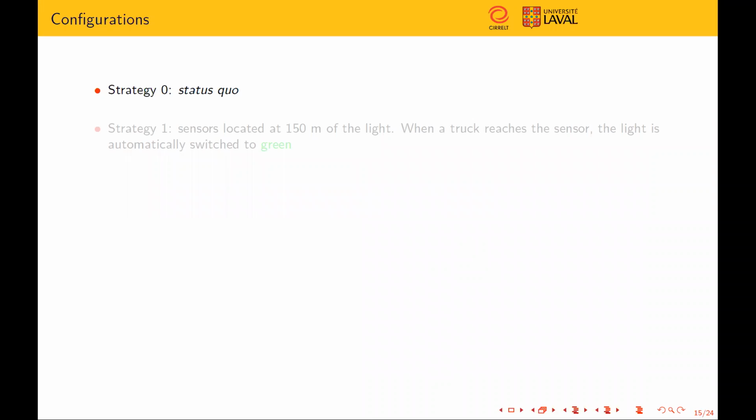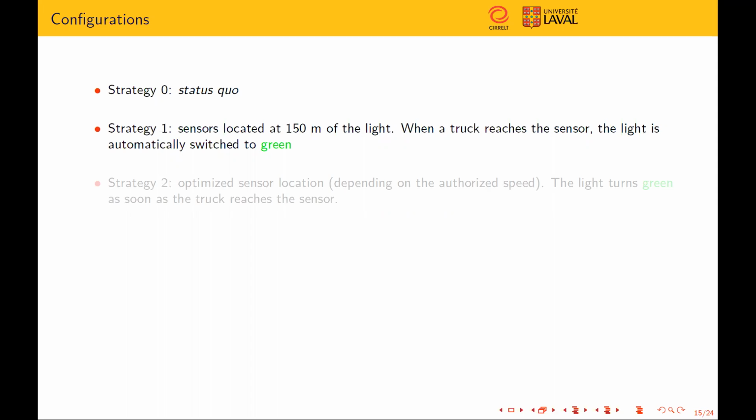If you have any question about the simulation, my colleague Khaled performed all the detail. He is the one who coded the simulation, so feel free to send him an email. He will answer you. So the first strategy is in fact the status quo. We do nothing. We just run the simulation and take the information.